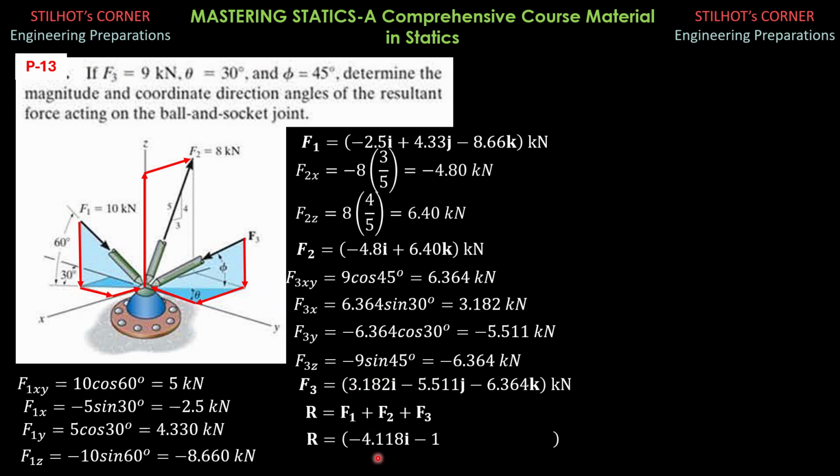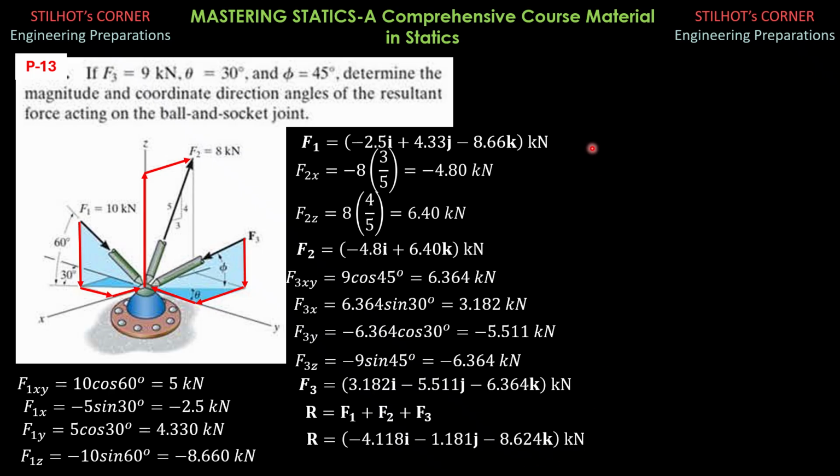So that would be negative 4.118i. For j: 4.33j, 0, then negative 5.511j, is negative 1.181j. Then for k: negative 8.66 plus 6.4 minus 6.364, and that's negative 8.624k.